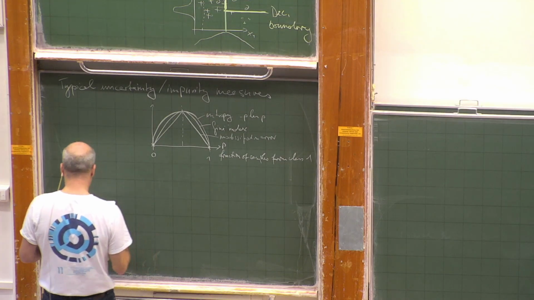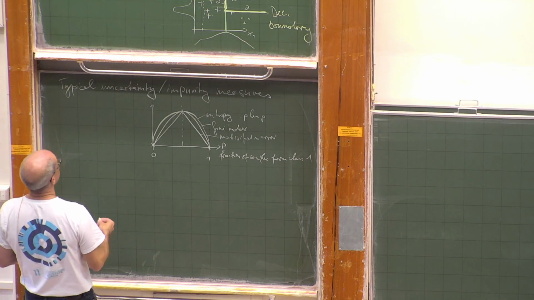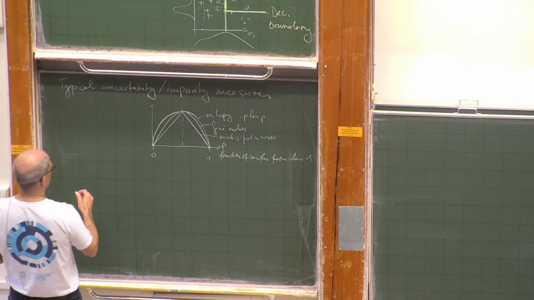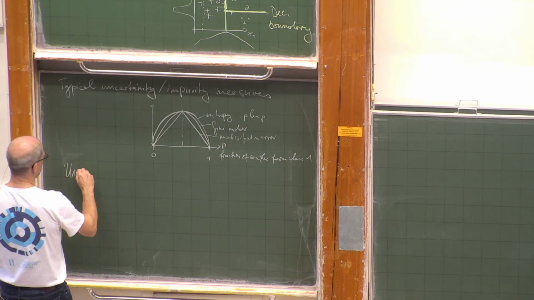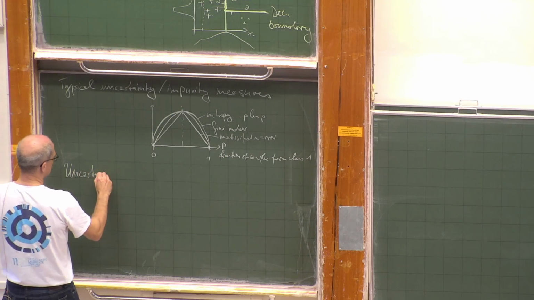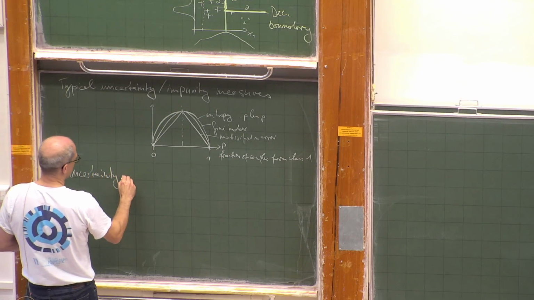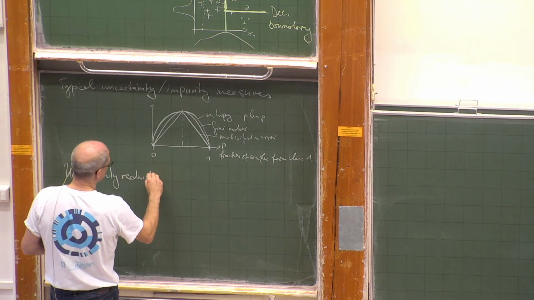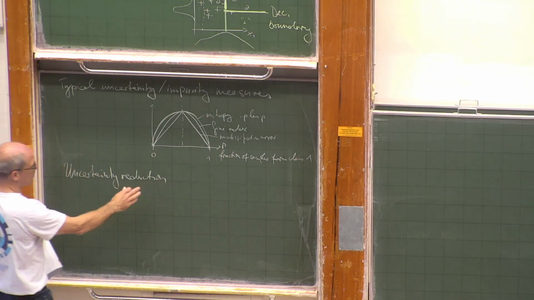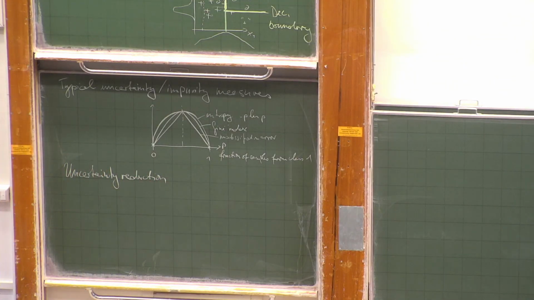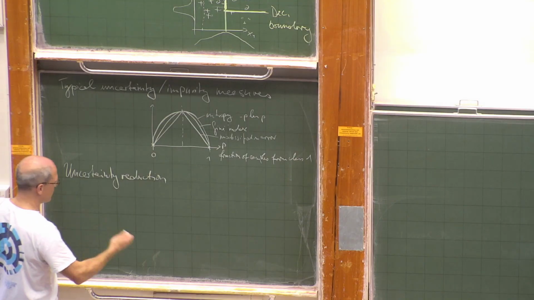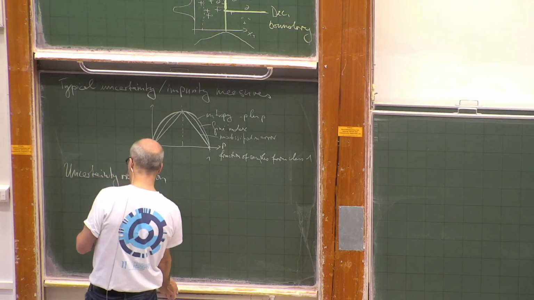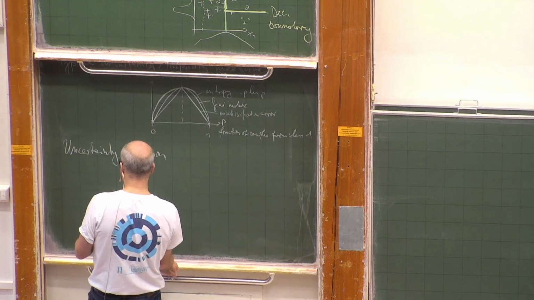This is measured by an uncertainty reduction. Now, this does not follow from first principles of statistics. It's just a suggestion, and a suggestion which happens to work well.